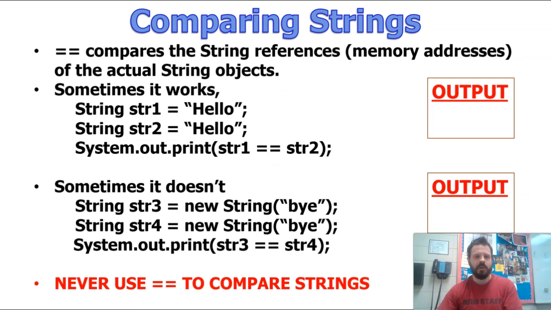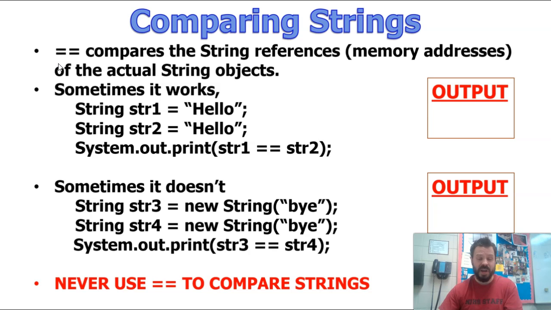So next, let's talk about how this equals operator works with strings. Remember, strings are objects, so it should work the same. Just like with objects, the equals operator compares the string reference, the memory address of the actual string objects. Now the trick is with strings, sometimes it works the way you'd like it to.